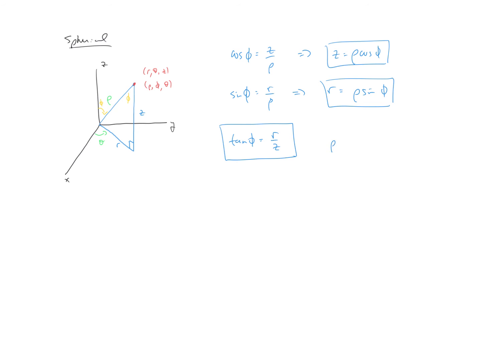We also know that rho could equal the square root of r squared plus z squared, which actually, since we know what r is from cylindrical coordinates, is going to give us the square root of x squared plus y squared plus z squared.